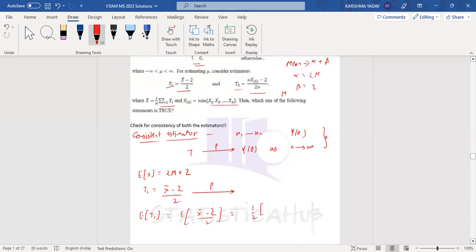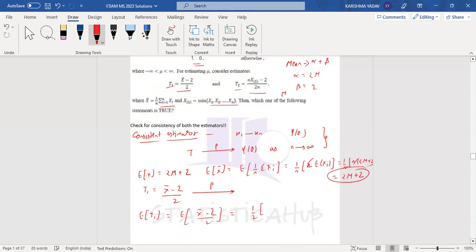What is expectation of x bar? Expectation of x bar would be equal to expectation of 1 by n sigma xi, that is equal to 1 by n into sigma expectation of xi, and that will be equal to 1 by n times n into 2 mu plus 2. So expectation of x bar would be equal to 2 mu plus 2.